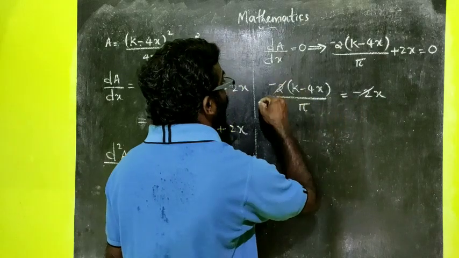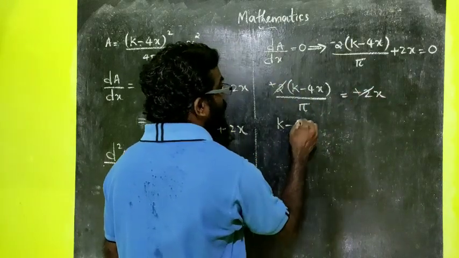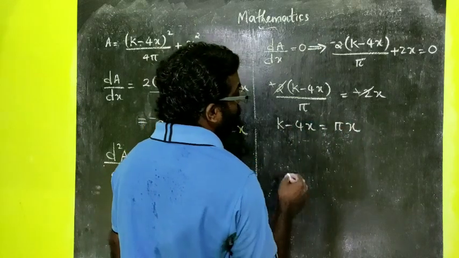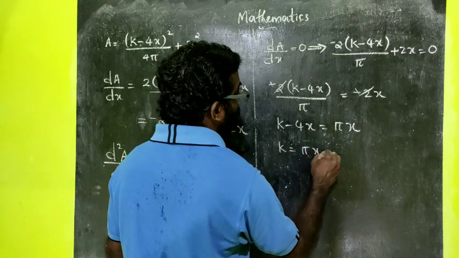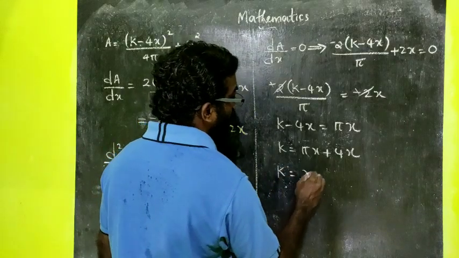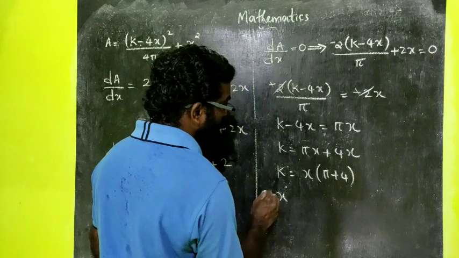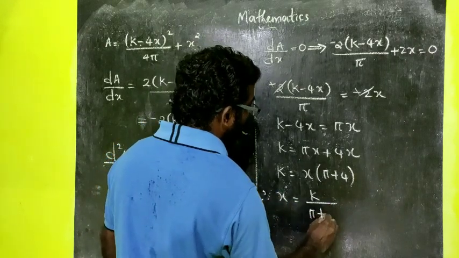This 2 we can cancel, the minus sign also cancels. π we can cross multiply. k minus 4x is equal to πx, or k is equal to πx plus 4x. That is k is equal to x into (π plus 4), or x is equal to k by (π plus 4).